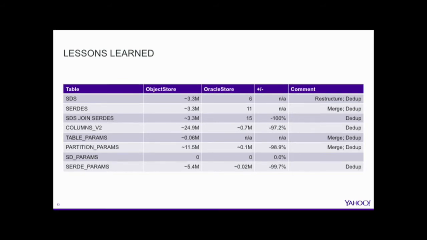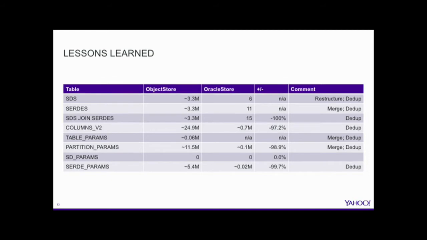So we can just go ahead and deduplicate all of these records in the columns V2 table. And when we do that, we find that we can remove 97% of these records, reducing the total record count from 24.9 million down to around 700,000. So again, that's a great win for us.